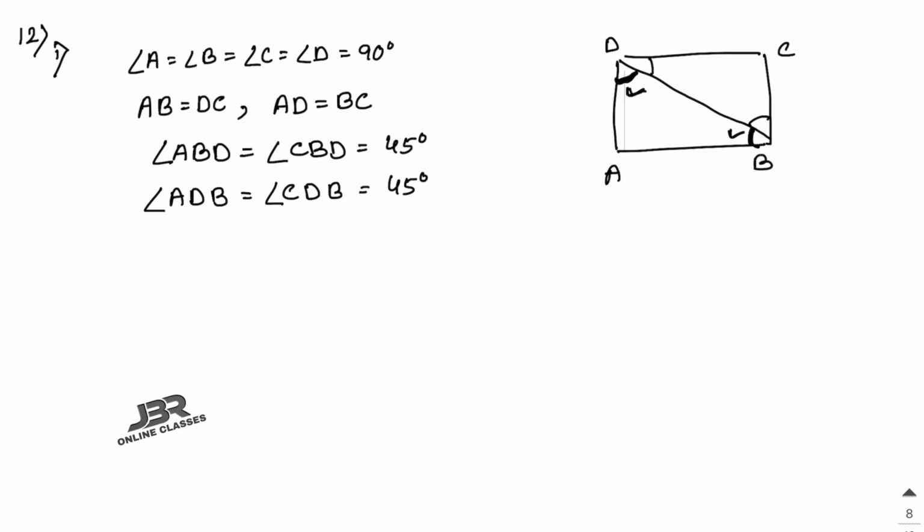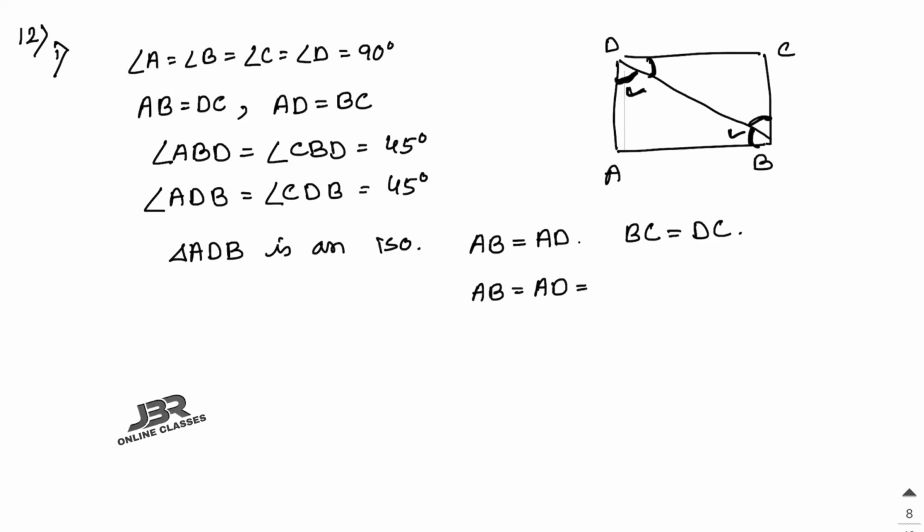If these two angles are equal, then definitely triangle ADB is an isosceles triangle, that means AB is equal to AD, and as well BC is equal to DC, because these two angles are also equal. So you can write AB is equal to AD is equal to BC is equal to DC, because AD is also equal to BC. So if the sides are equal, then all four sides are equal, and definitely ABCD is a square.